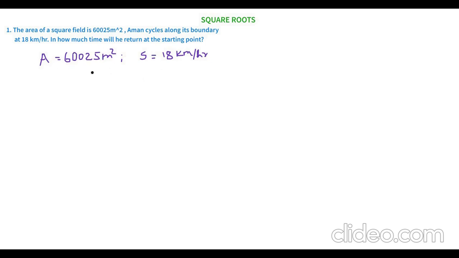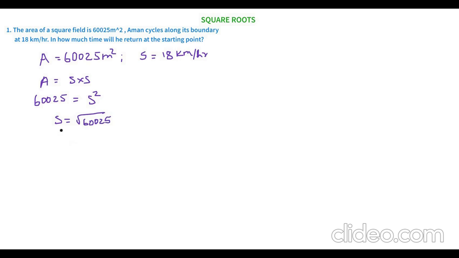Now first let's see the first part which is given to us, the area. The area of a square is side times side. Now we know the area is 60,025 equals side square. So S equals the square root of 60,025.